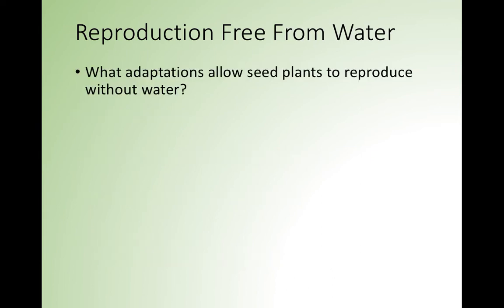Okay, so there are actually 3 adaptations that allow seed plants to reproduce without a constant need for water. So the first is this development of flowers or cones, depending on whether we're talking about angiosperms or gymnosperms. Either way, these kind of do the same thing.